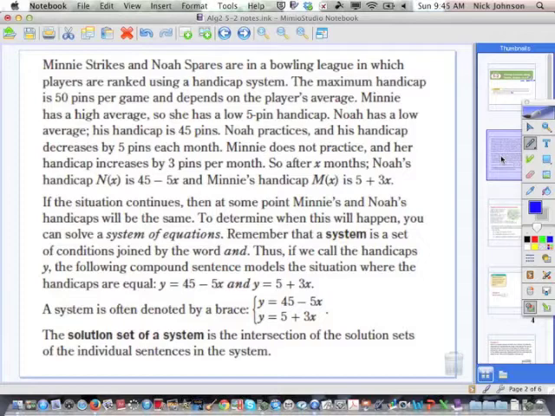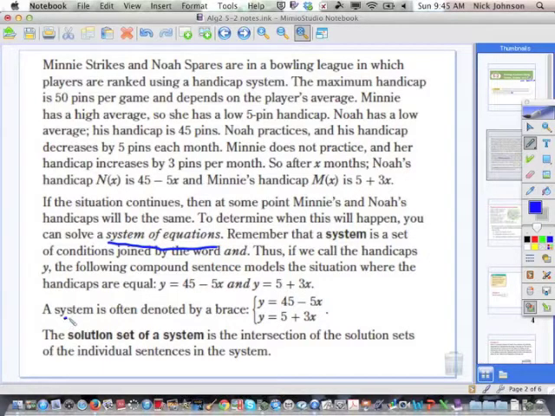If the situation continues, then at some point Minnie's and Noah's handicaps will be the same. To determine when this will happen, you can solve a system of equations. Remember that a system is a set of conditions joined by the word and. Thus, if we call the handicaps y, the following compound sentence models a situation where the handicaps are equal.